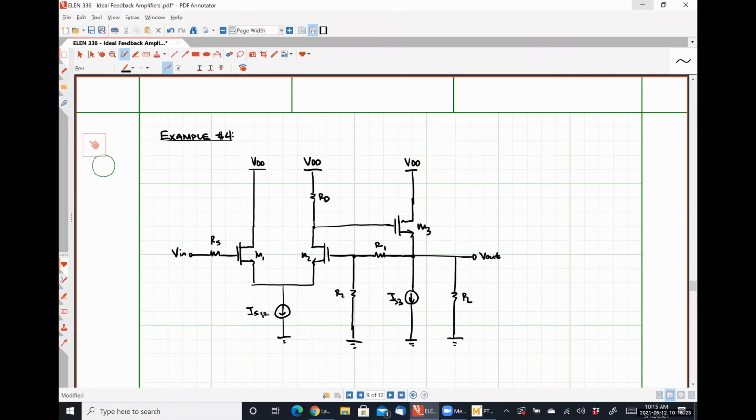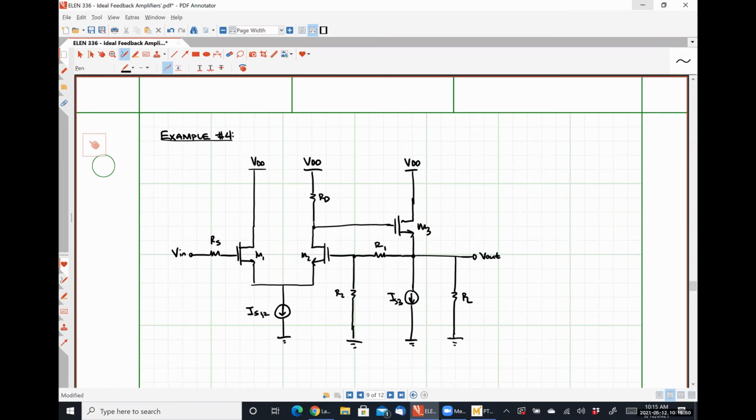So what this looks similar to, but is not exactly, would be a differential pair being used to supply the input voltage to a source follower, right? It looks like that, but it isn't exactly that because our differential pair isn't exactly a differential pair.